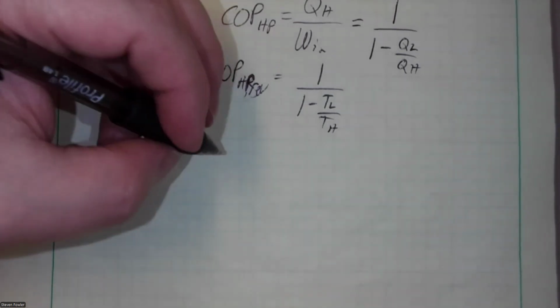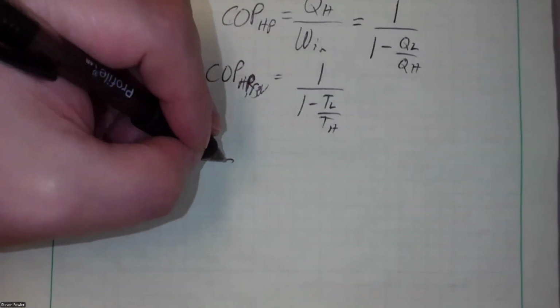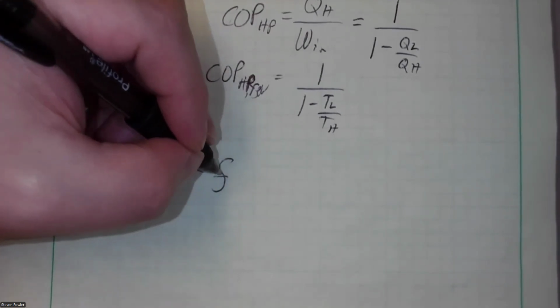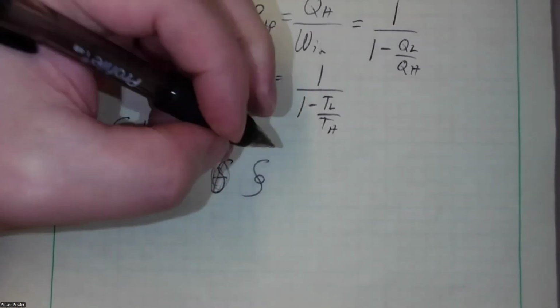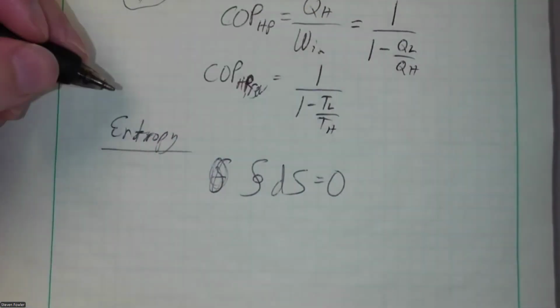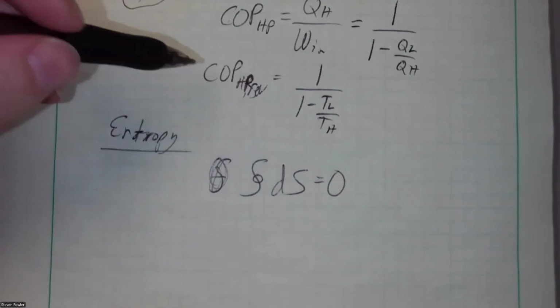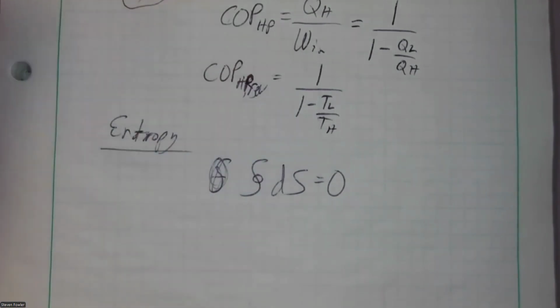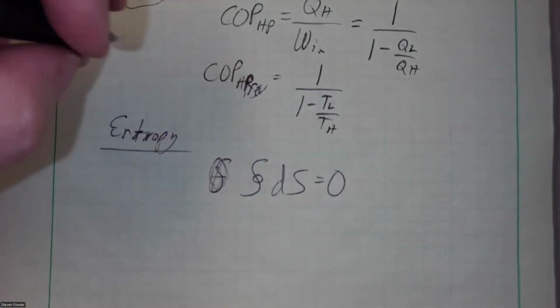Our good friend Clausius came to the conclusion that if I integrate across an entire cycle, the change in entropy just becomes 0. If I go around an entire cycle, the entropy of my system goes back to its initial point, back to 0.